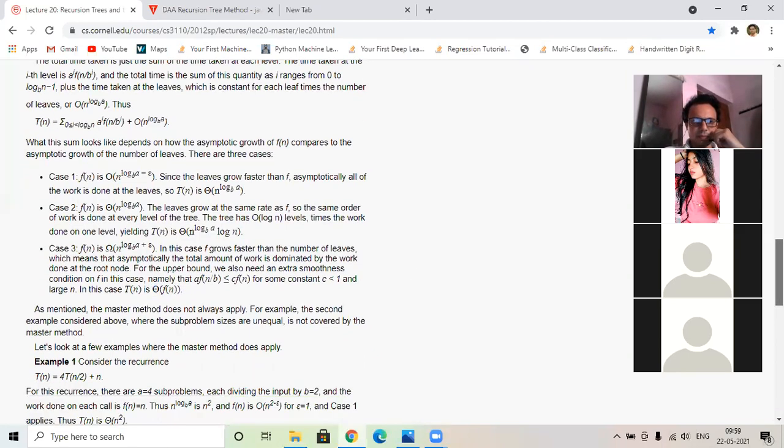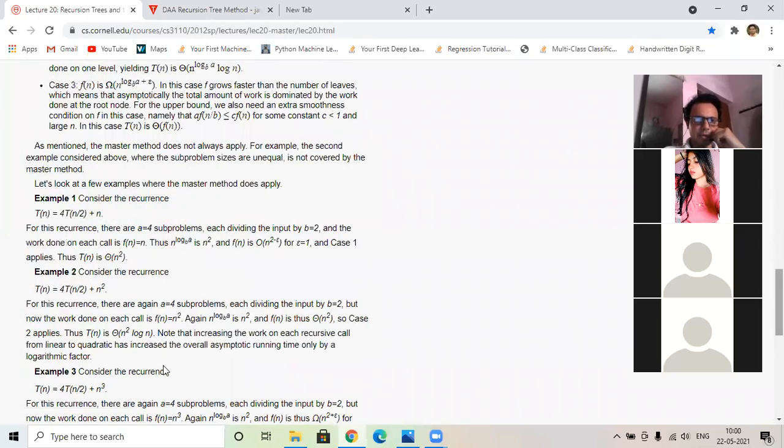Take one example. Suppose it is given to you Tn is equal to 4 T of n by 2 plus n. So here, what is A? A value is 4, B value is 2, and Fn is n. Did everyone understand this? So in this form we can depict it, so we can solve it using the master method.